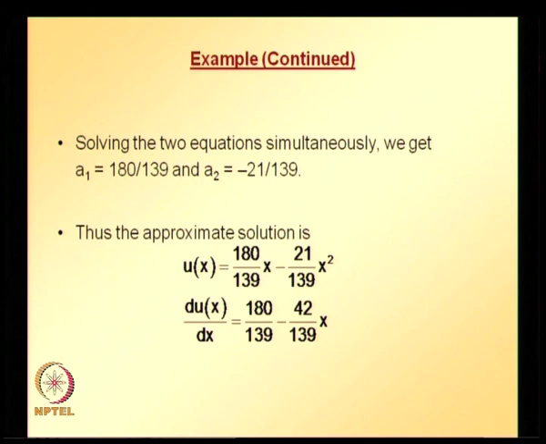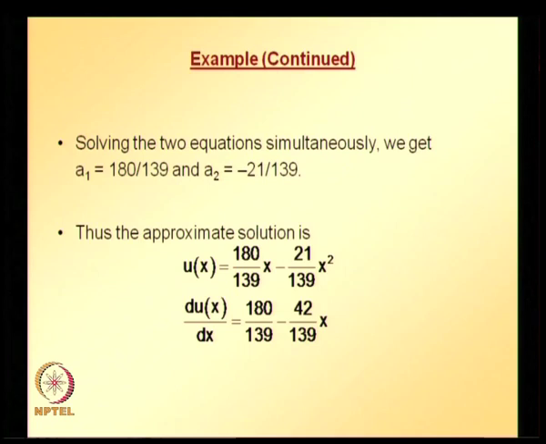For this particular problem we can also easily find the exact solution for u, and from there the exact solution for the derivative of u. So to make a comparison of how the approximate solution matches the exact solution, here what is shown is the approximate solution of u obtained by substituting the a1 a2 coefficients into the admissible trial solution a1x plus a2x square, and taking the derivative of it we get the second equation.